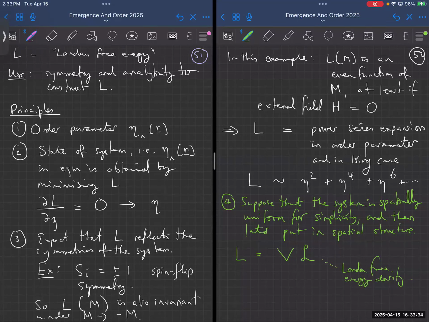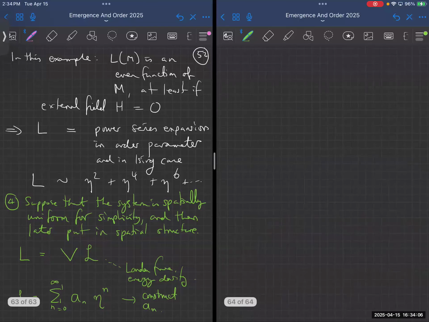So we're going to write it like this, and then we're going to say that L is some power series expansion in n equals 0 to infinity, some coefficients times eta to the power n, and we're going to construct what those coefficients are. Okay, so that's the basic idea.